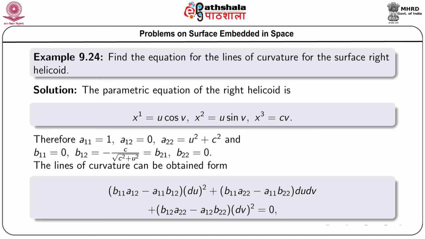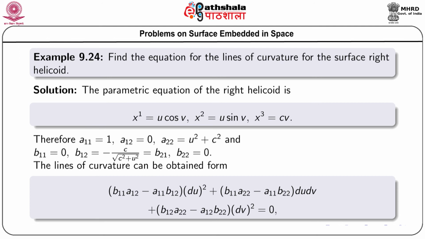Just before, we have obtained these values, again for x1 equal to u cos v, x2 equal to u sin v, x3 equal to c v: A11 equals 1, A12 equals 0, A22 equals u square plus c square, and the coefficients of the second fundamental form, that is B11 equal to 0, B12 equals minus c by root over c square plus u square, and B22 equals 0. So, with the help of these values, we can find the equation for the lines of curvature.